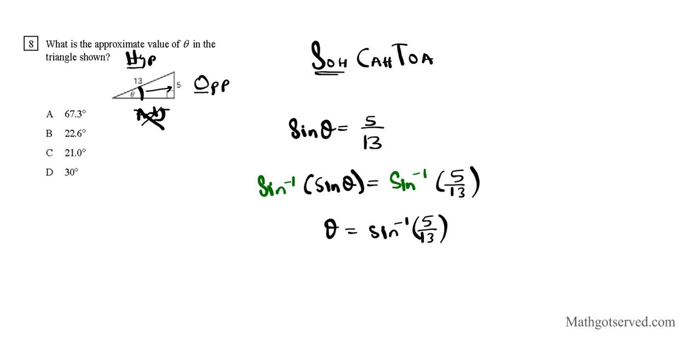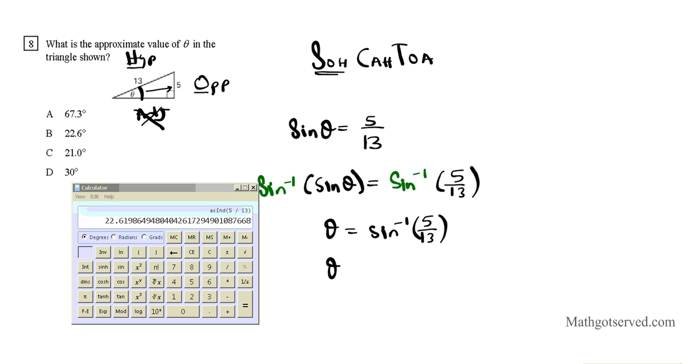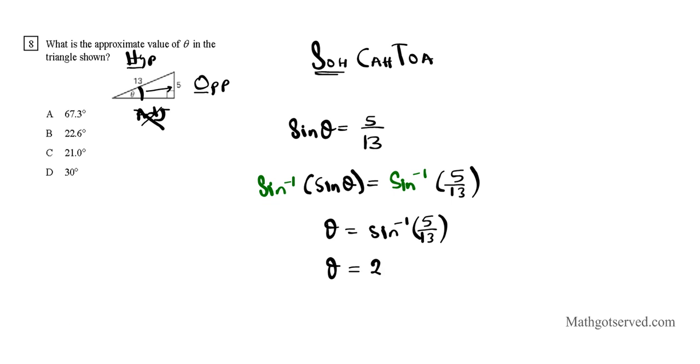So we just plug that into our calculators and see what we get, okay? All right, so you just plug that in your calculator, inverse sine of 5 over 13, you get 22.6. So theta is 22.6 degrees. All right, so the answer is option B.